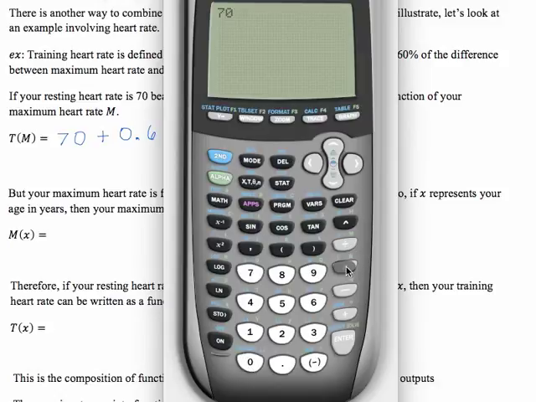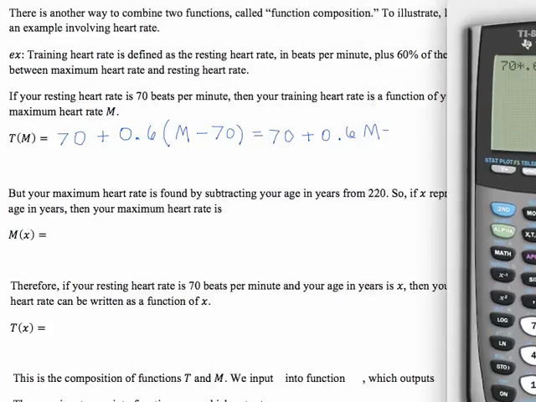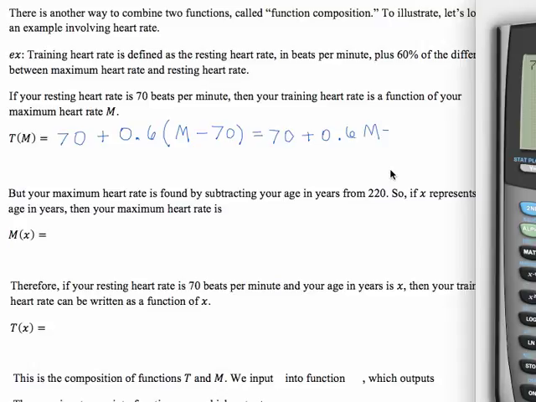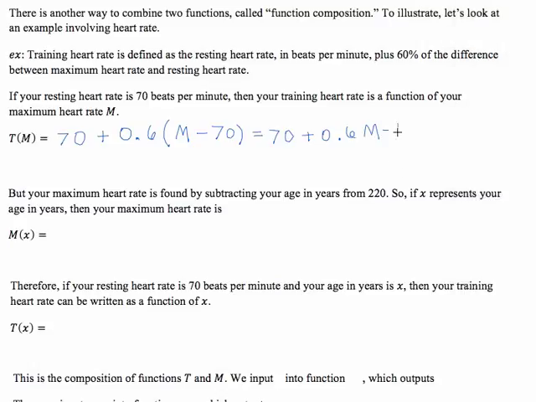It's 42, and I knew that because 7 times 6 is 42. So this is minus 42. Let's put it down here. We have 0.6M, and then 70 minus 42 is positive 28. So that is your training heart rate as a function of your maximum heart rate.